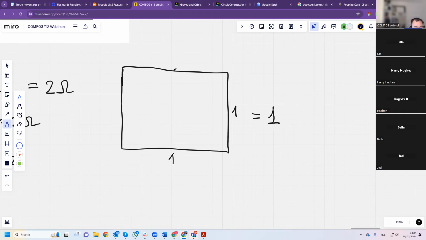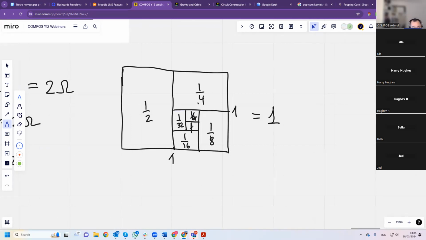Now, if you cut the square in half, this is 1/2, and this is 1/2. Now you cut the other half in 2, and this is a quarter, and this is another quarter. You cut this in half, and this is 1/8, and this is another 1/8. It's just 1/16, 1/32, 1/64, etc.